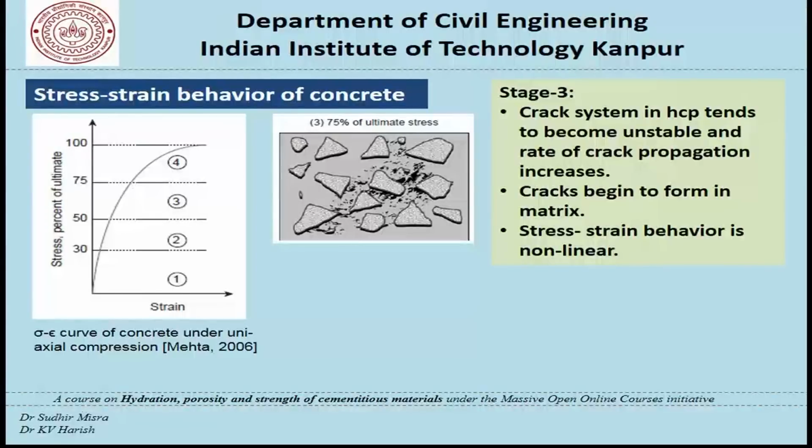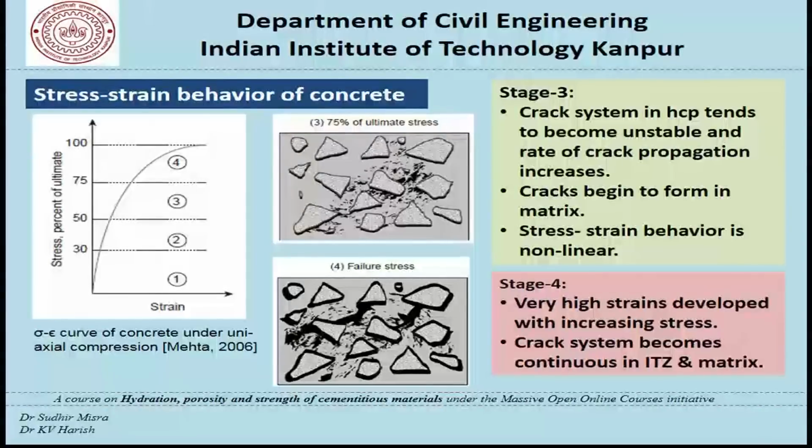And when we come to stage 3, where the stress applied is between 50% to 75%, basically exceeds about 50% of the ultimate stress, the crack system in the HCP tends to become unstable and the rate of crack propagation increases.